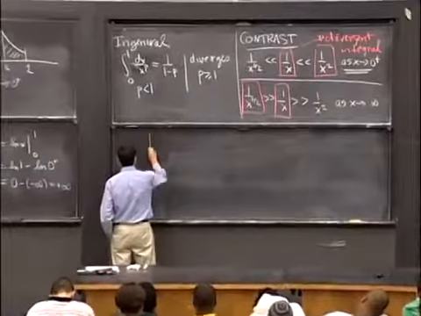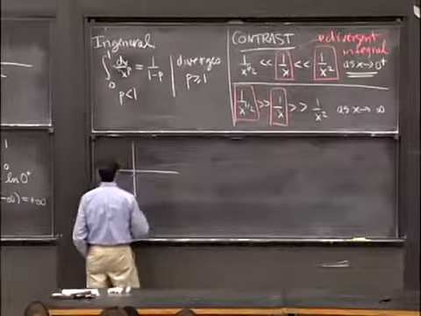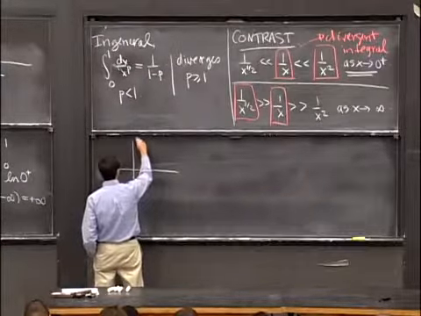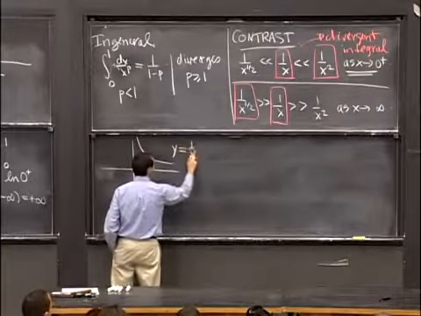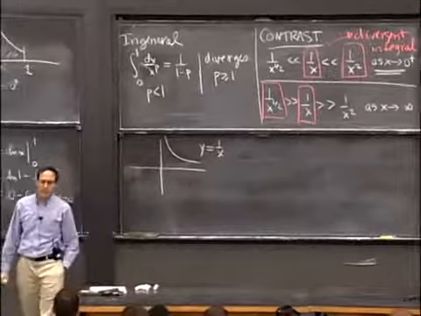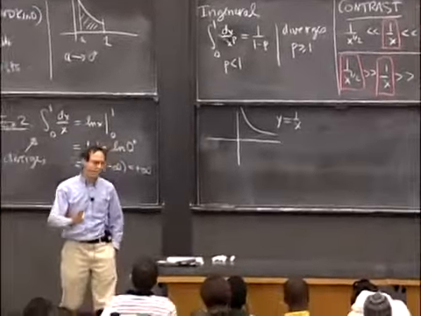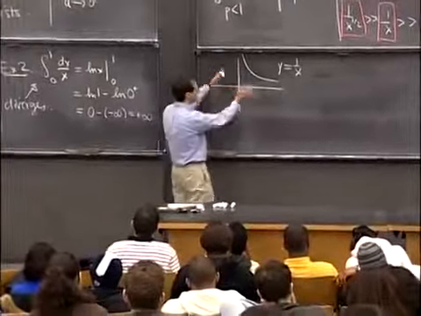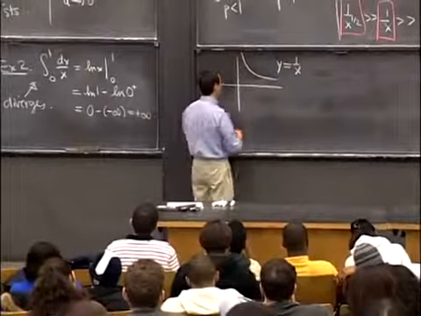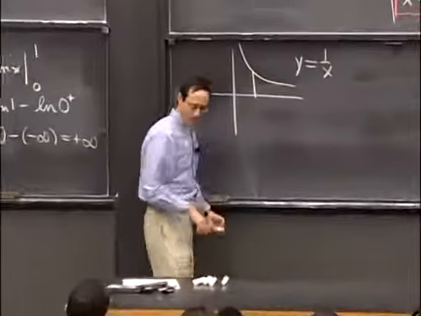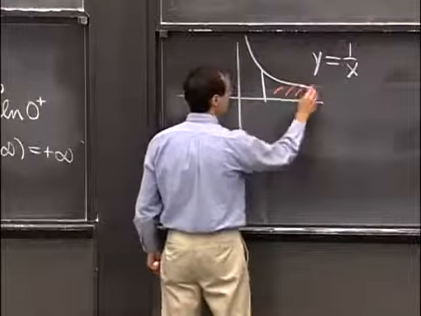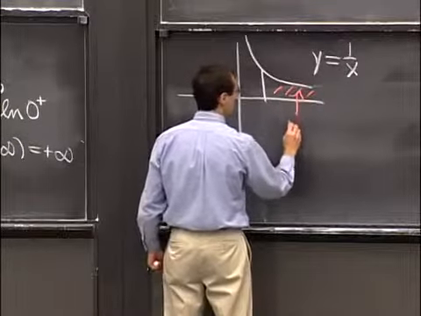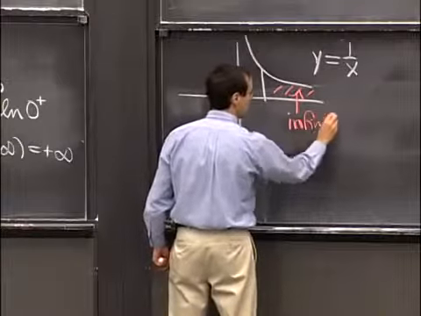So here's the picture, for example, of y equals 1 over x. That's y equals 1 over x. And that picture is very balanced. It's symmetric on the two ends. If I cut it in half, then what I get here is 2 halves, and this one has infinite area.